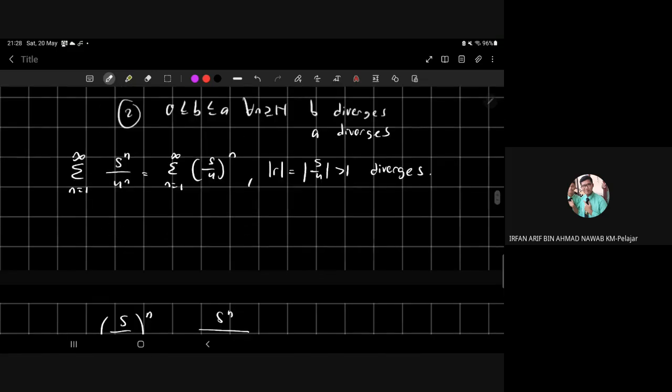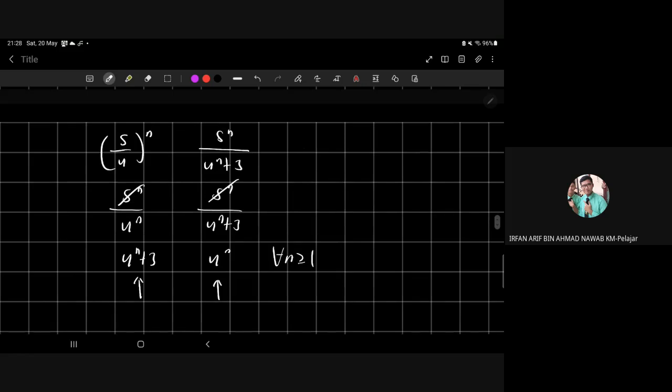Our series starts from 1, so this satisfies for all n larger than or equal to 1, because in this case it is equal, and this one has a plus 3. So no matter what n value, it will always be larger than the right-hand side. So we can conclude that it will be larger than or equal to for all n larger than or equal to 1.